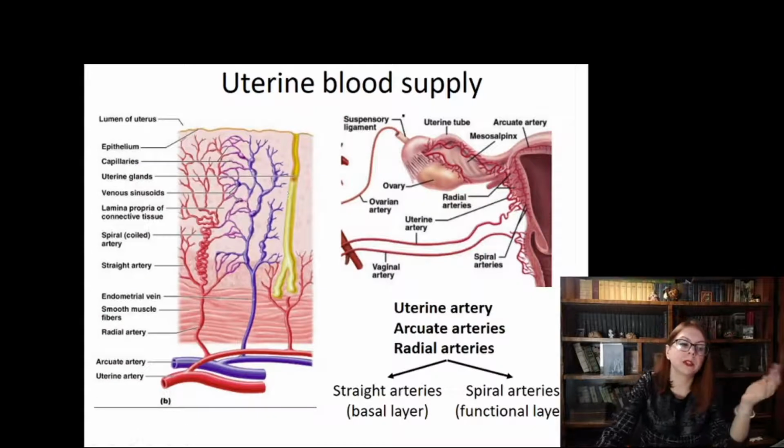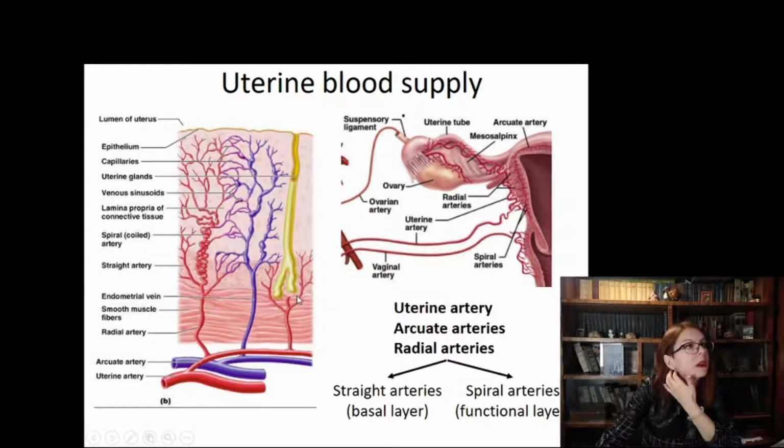Also, there is a difference in the blood supply. We can see that in the uterus, uterine arteries give rise to arcuate arteries, and they give rise to the radial arteries, from which 2 types of arteries arise. Side chains are called straight arteries, and they supply only the stratum basalis.